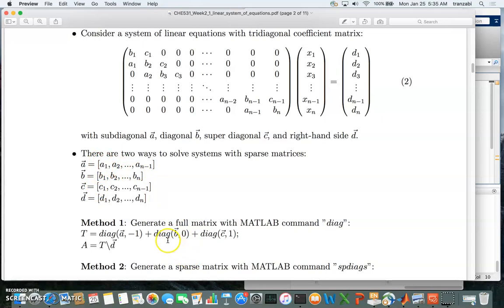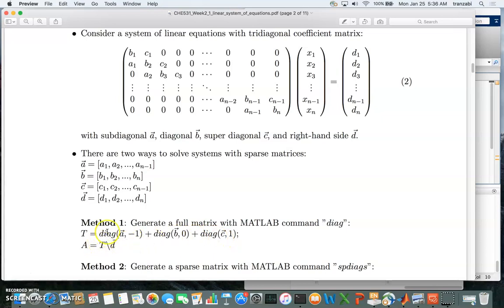I'm going to create another matrix with diagonal B. The index is 0, which means all the elements go to the diagonal. And then the last term is diagonal C, which means all the elements in the C vector go to the super diagonal. So this is going to be super diagonal, diagonal, subdiagonal. You add them up, you get the total matrix with 3 diagonals.